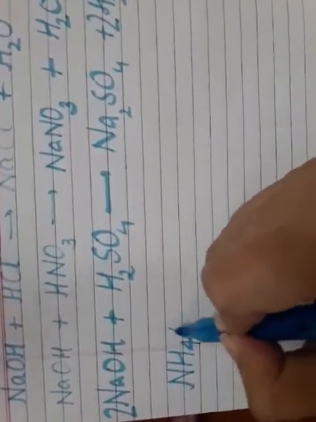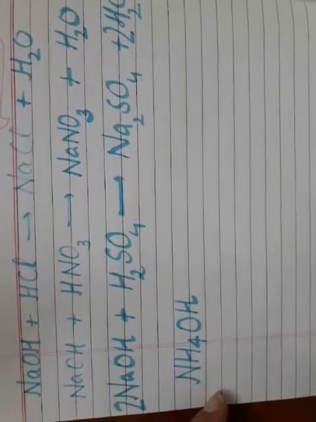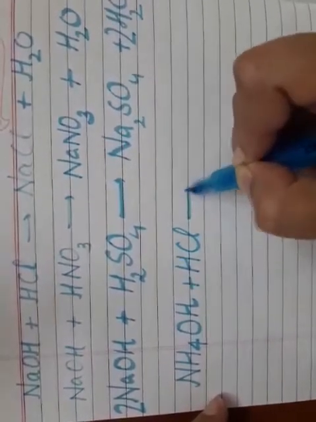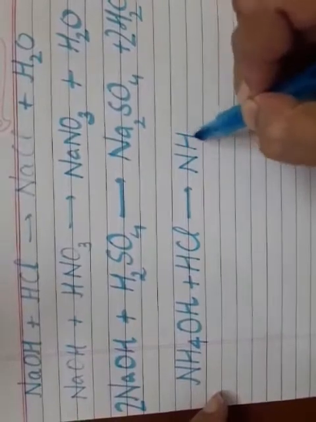Then you will write similar reactions with NH4OH. I remember we have done this in the chapter of ammonia, but I will repeat it for you. NH4OH plus HCl gives me NH4Cl plus H2O.